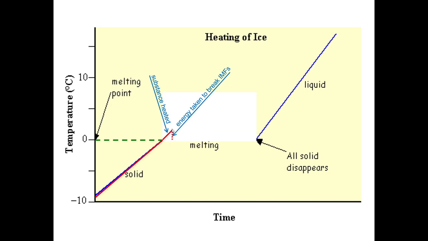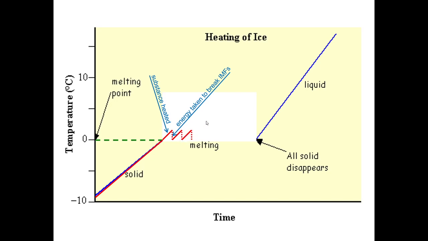Because that energy is being used to break those IMFs, your temperature drops back down to 0 degrees. And then again, you're heating it up. You have some heat source, so energy is being put in, and that energy breaks those IMFs, and therefore it cools it down again.